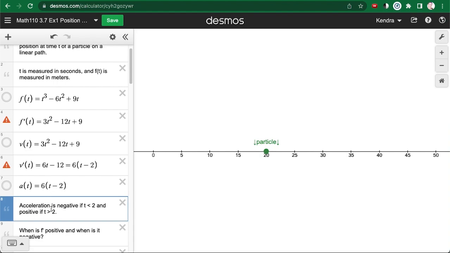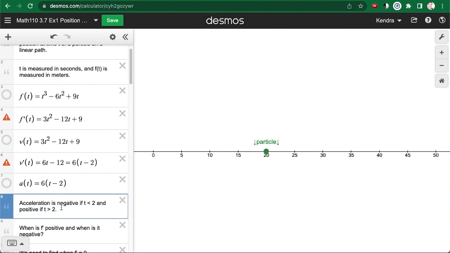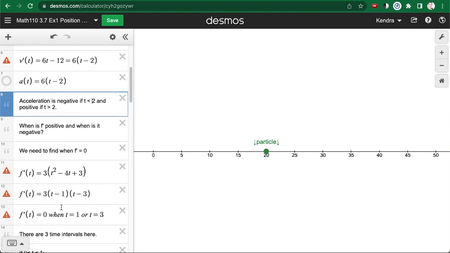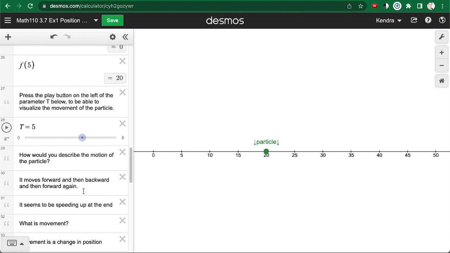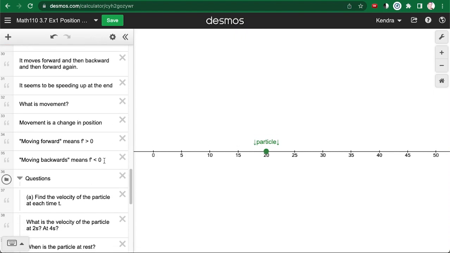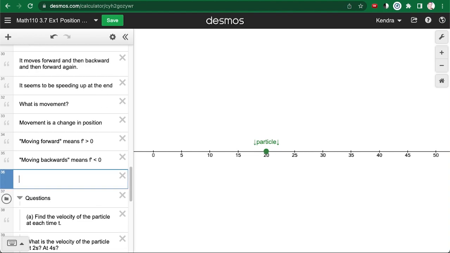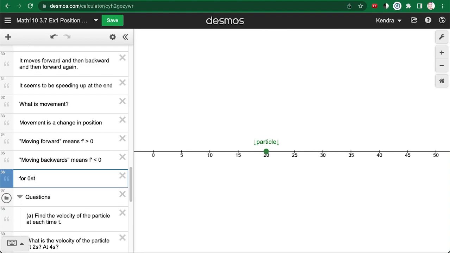So putting that together with the other information that we have, where the velocity is positive for the first second and then negative for the next 2 seconds and then positive for the rest of time, let's actually put that together. So what we have here is, for the first second, the velocity is positive, right?